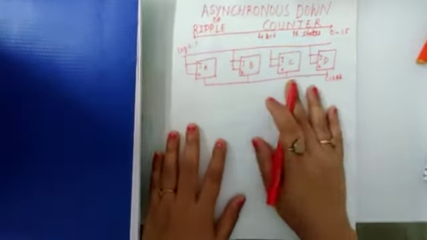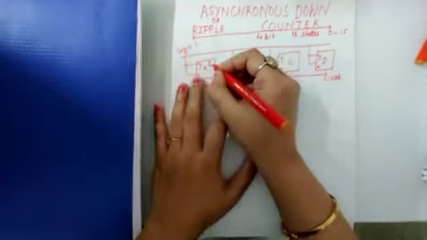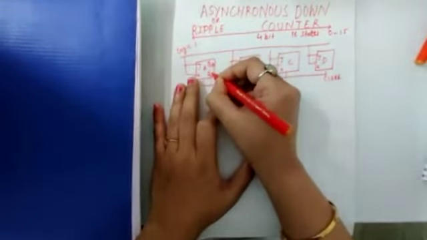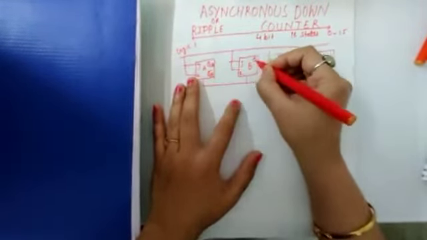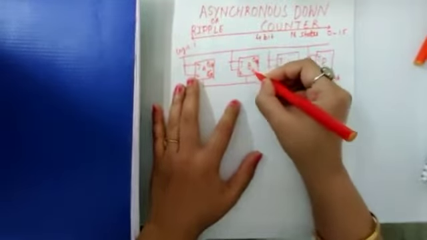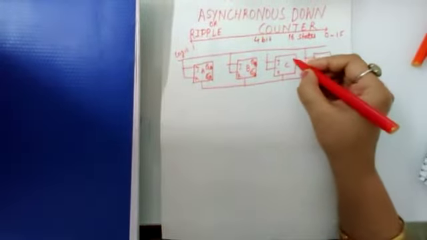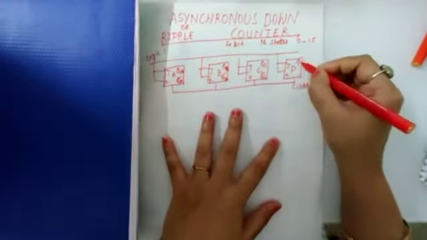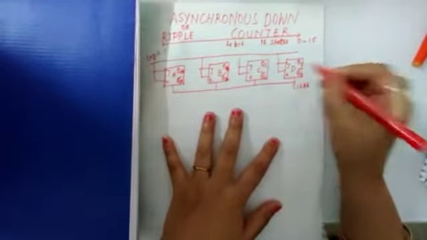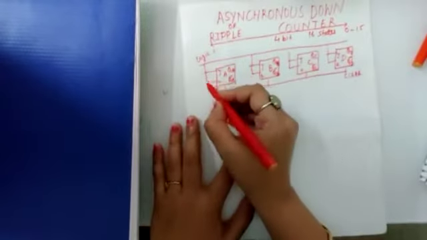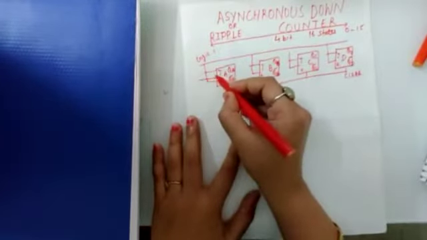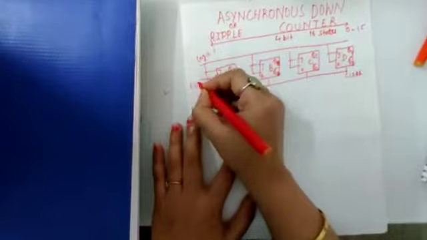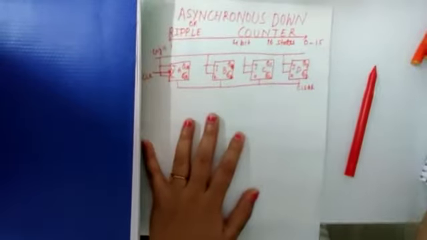Okay, this is the output QA, QA bar, QB, QB bar, QC, QC bar, QD, QD bar. Now the external clock, we are giving only a negative clock pulse to the first flip-flop. Now the other flip-flops will be triggered by taking the output of the previous flip-flop.